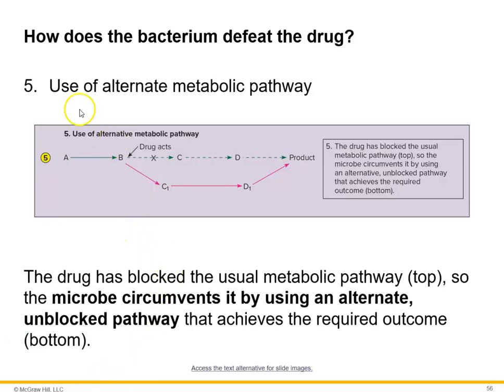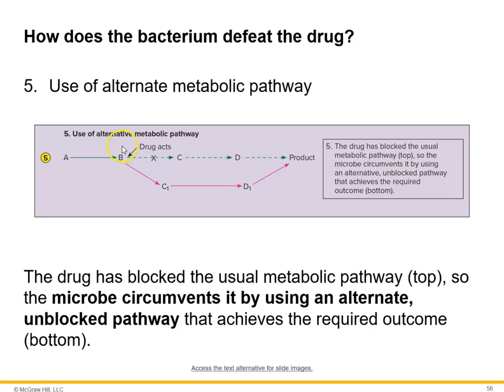Okay, and finally, the microbe can use an alternative metabolic pathway. So let's say this is the normal metabolic pathway, A to B, and remember there's going to be an enzyme here, and then B gets made to C, another enzyme here. C gets converted to D, enzyme in the middle, and D, through another enzyme, gets made into the final product. Let's say we have a drug that's going to block the conversion of B to C, so it blocks this enzyme here somehow.